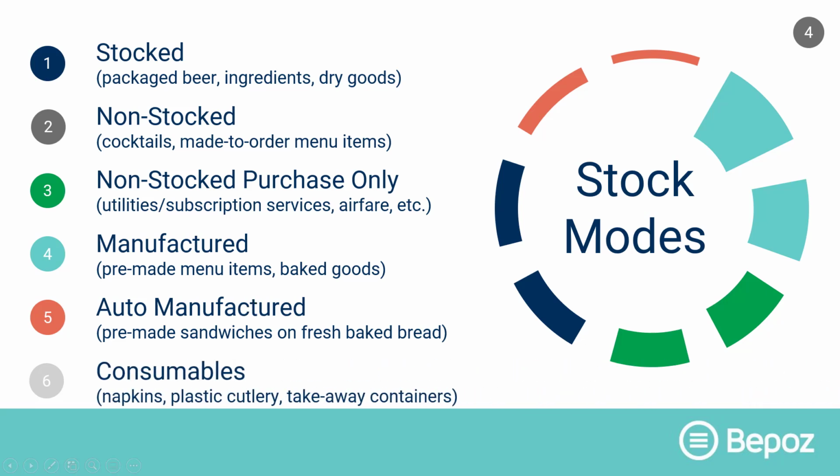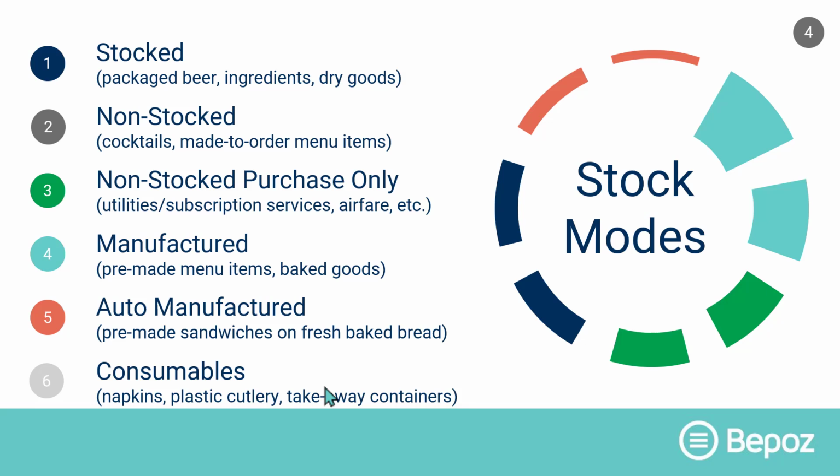And then also new as of version 4.7 are consumables. This is the stock mode which we would want to use for tangible items that are used throughout day-to-day operations within the store or venue and stored internally, but that are not ever going to be sold to consumers.